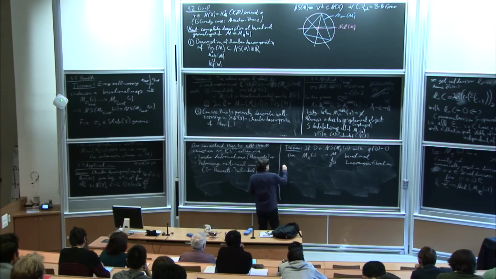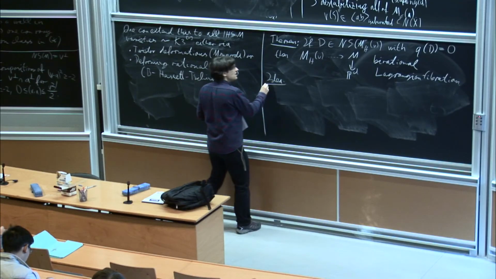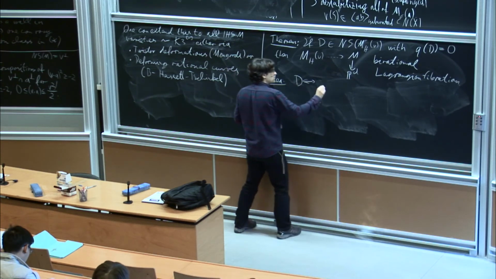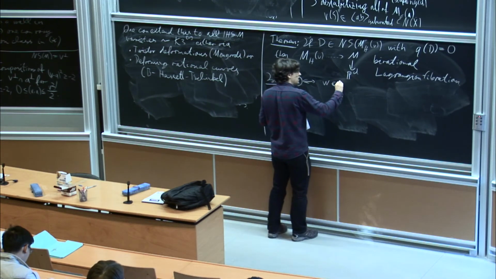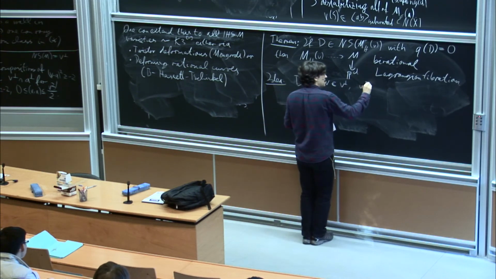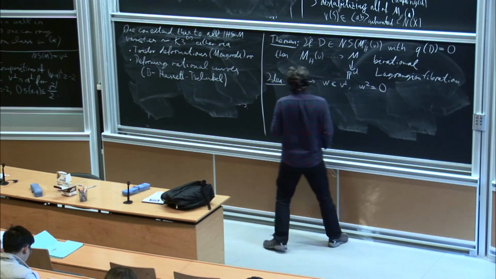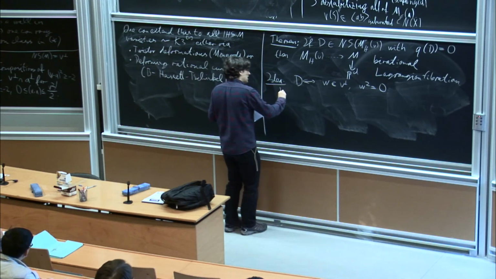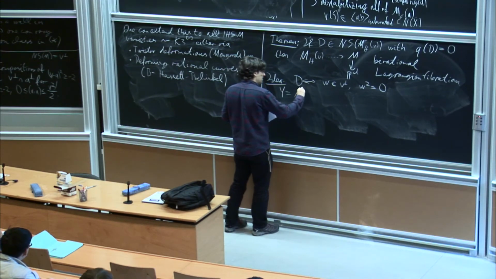And what is the idea here? Well, this D corresponds to a class w in v perp with w squared equal to 0. Then of course I look at the associated moduli space.